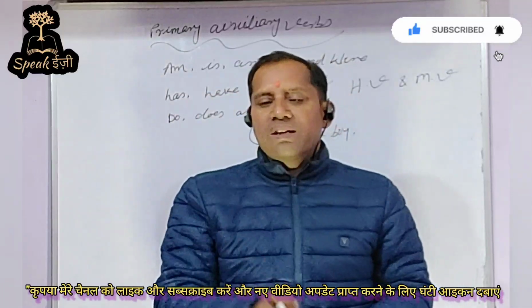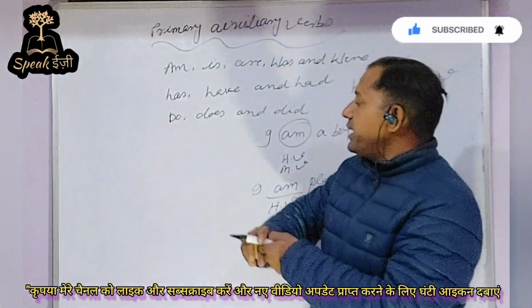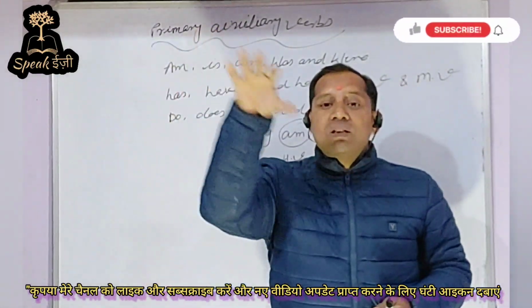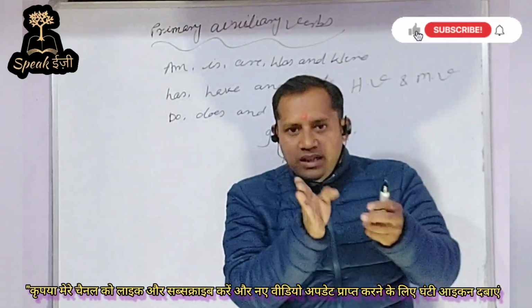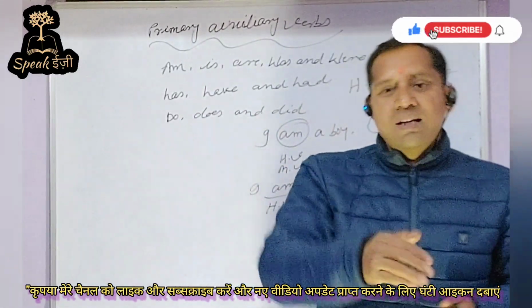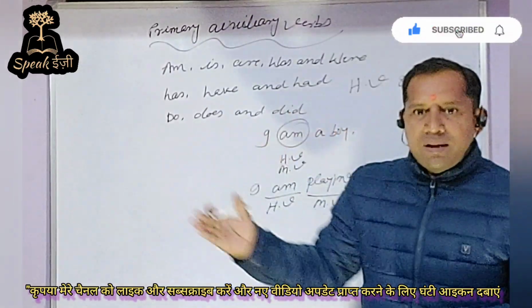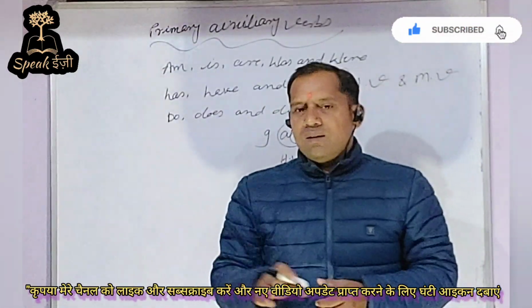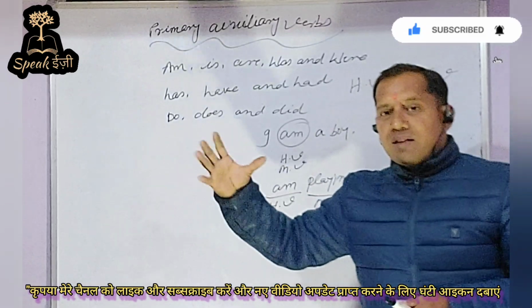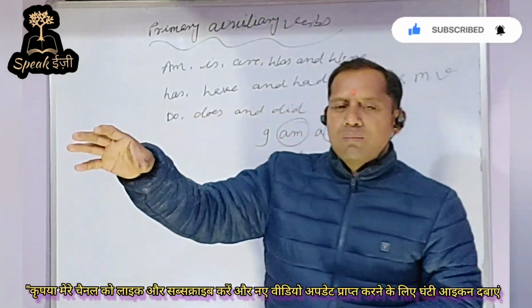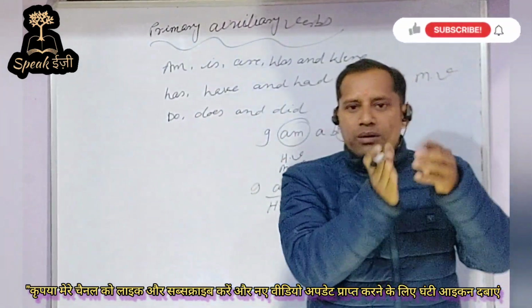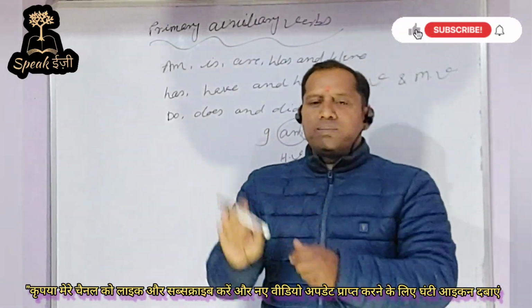But if in the same sentence there is a primary auxiliary verb, and with that primary auxiliary verb there is an action verb, in that case the primary auxiliary verb will be the helping verb and the action verb will be the main verb. This is the basic difference between helping and main verb.